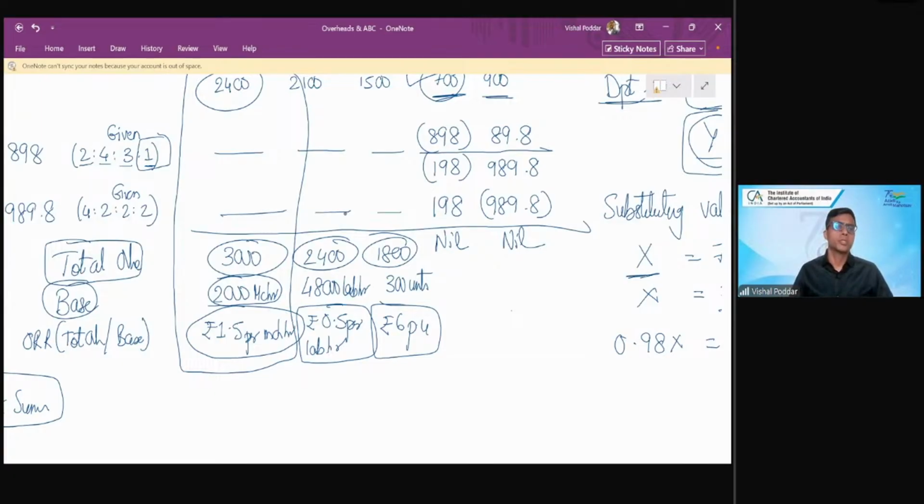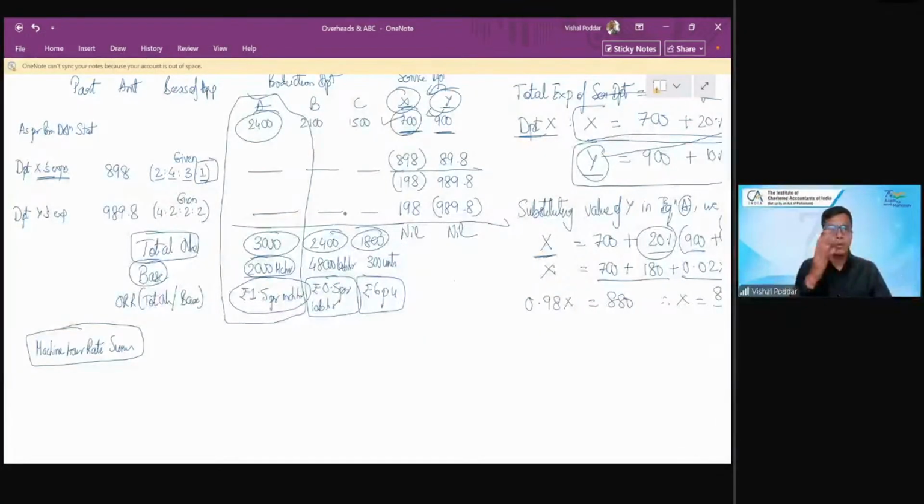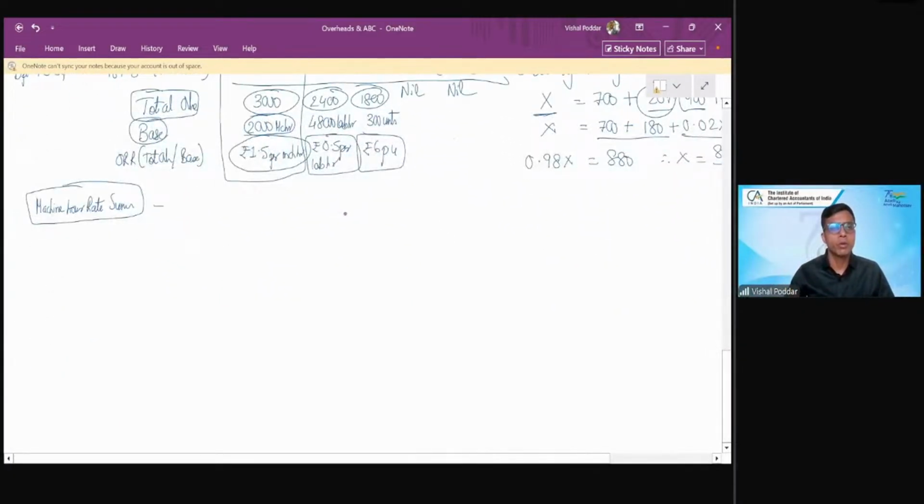Now, what is a machine hour rate sum? In a machine hour rate sum, you actually do the same steps, primary, secondary, ORR, but only for one department, that is department A. So instead of doing it for all departments, the question will be exclusively for one department. They will call it a machine department or machine shop A, or they will call it a cost center. So these are parallel terminologies.